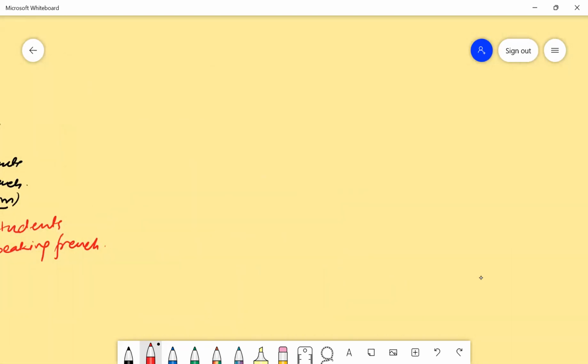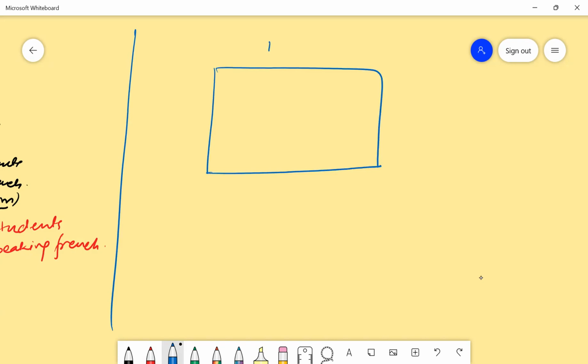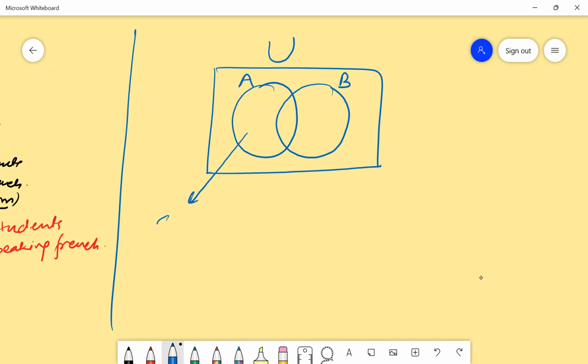Okay. Now quickly come to the point. What is the meaning of A union B? Now this is the universal set. Suppose the classroom, and I'm making two circles, one A and one B. This is students speaking English.